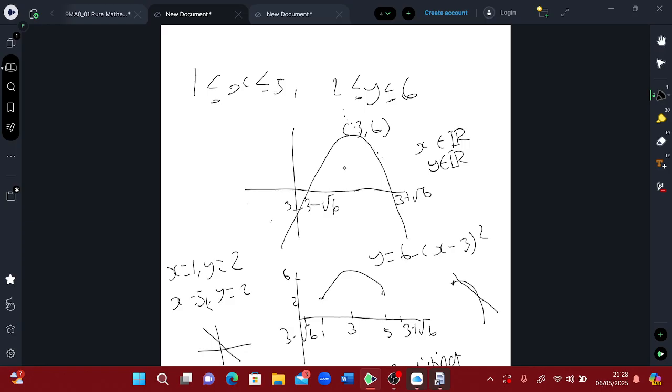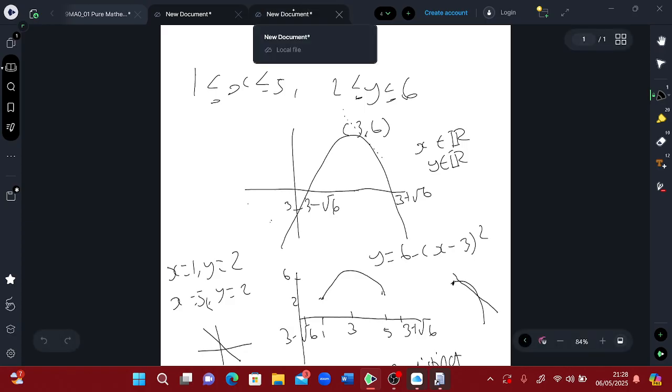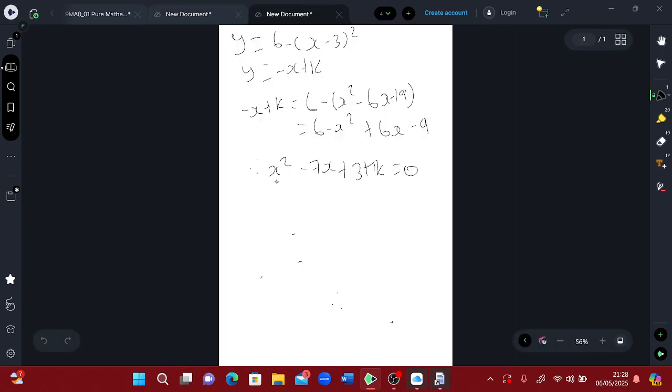That's where the line just reaches the curve, and anything above that value of k is going to go over the curve. So you can use the discriminant to work out the point where the line goes above the curve.